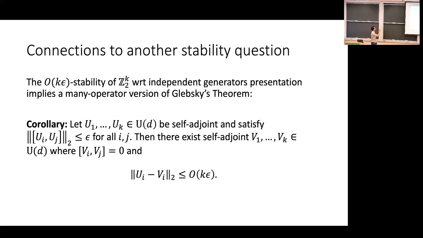Then a corollary of the stability of Z2 to the K, for the independent generators presentation, is that there exist exactly commuting self-adjoint unitaries V1 up to VK, where the distance between the U's and the V's is K times epsilon. It's really just another way of stating the stability result of Z2 to the K. And it makes sense, because in the independent generators presentation, you're just forcing all pairwise commutation relations.